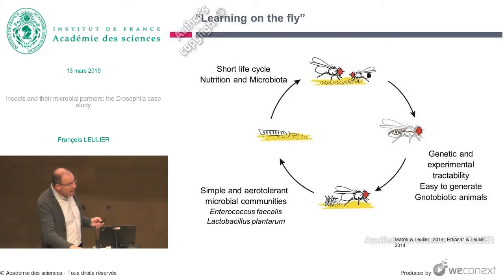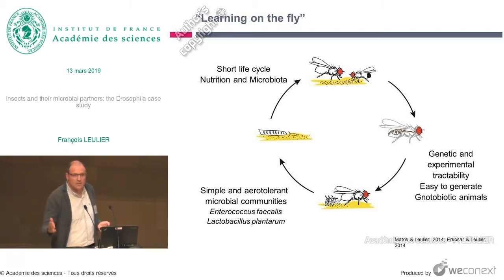So I don't have to come back to the great tools that we can use in flies to study mechanisms. I mean, we had a stellar example in the first talk in this conference. But what is very interesting with Drosophila, at least, is that it's very easy to generate germ-free animals and to breed germ-free animals in the laboratory.